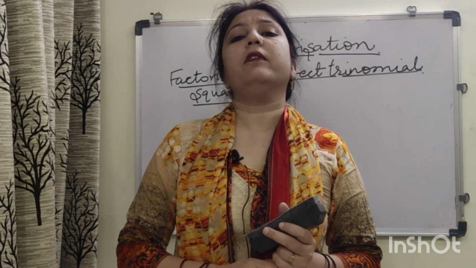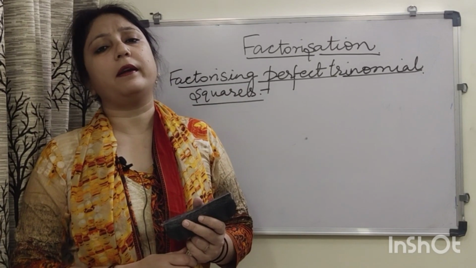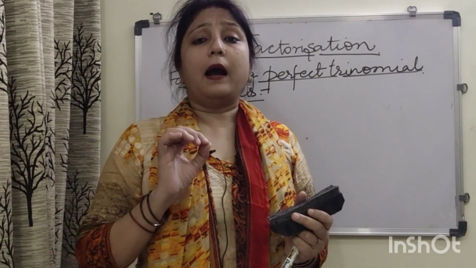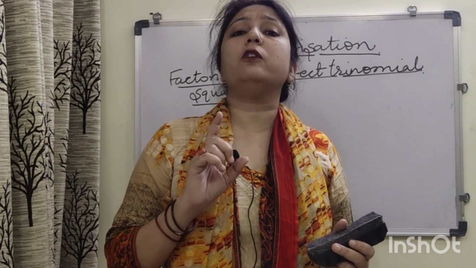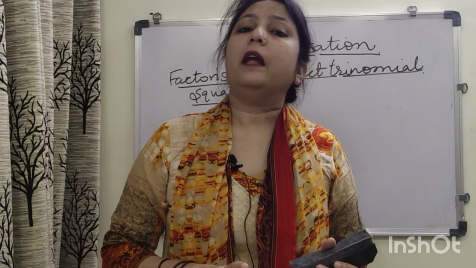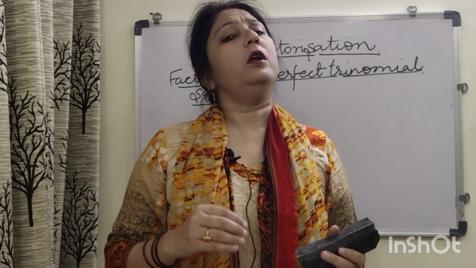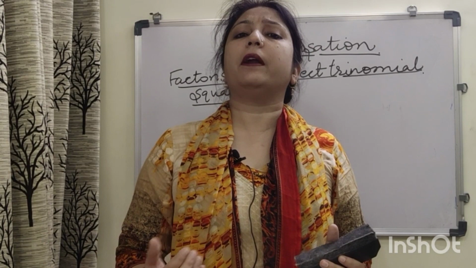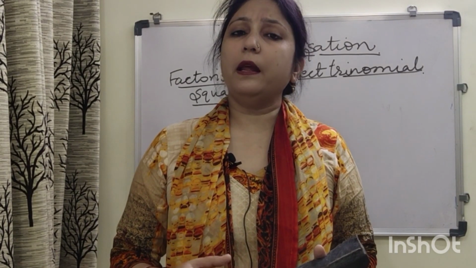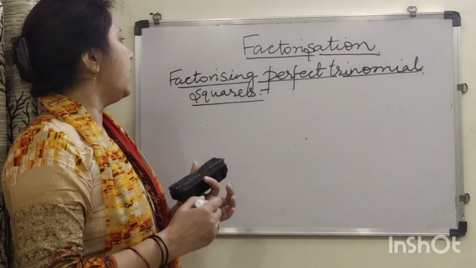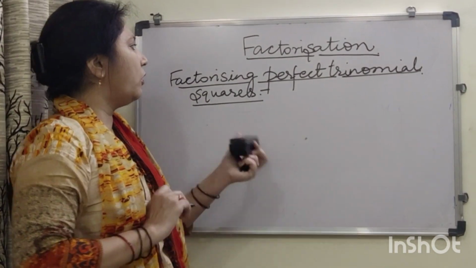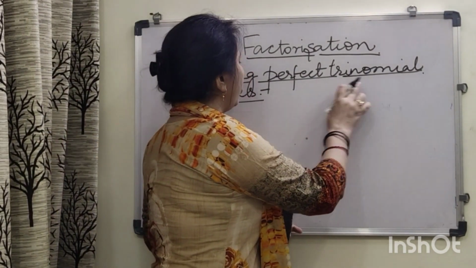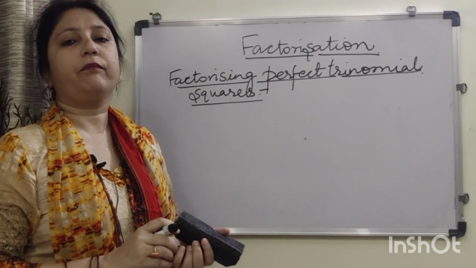Every time whenever you get an expression to factorize, children, kindly ensure that there is nothing in common. If there is anything in common, you take it common and then factorize the given expression. Today we are going to do the factorization of perfect trinomial squares.